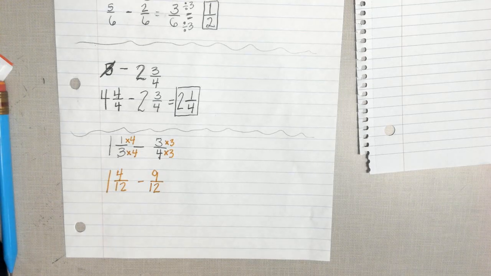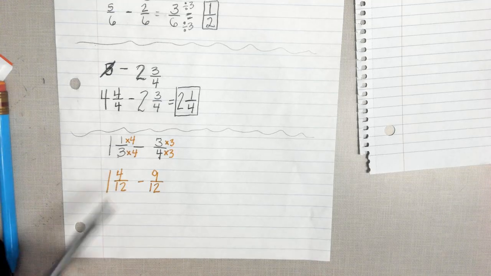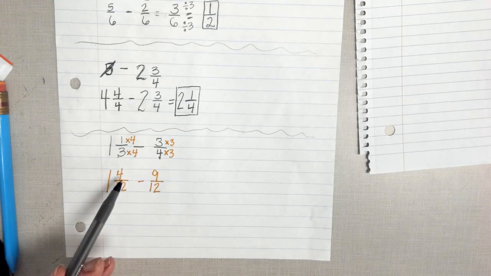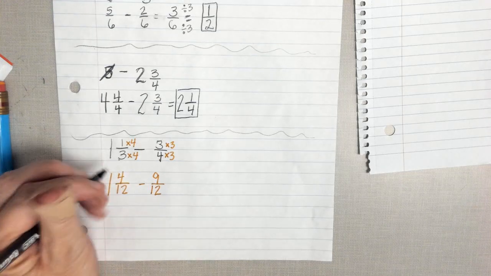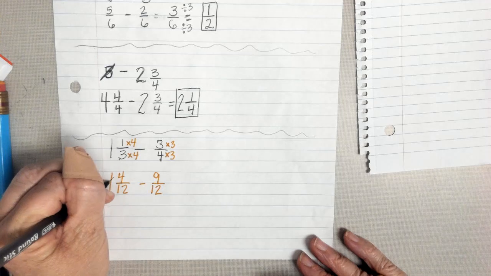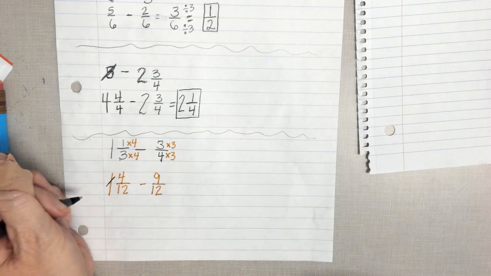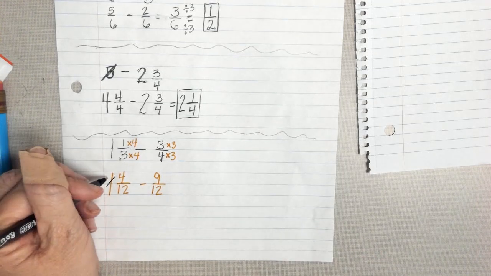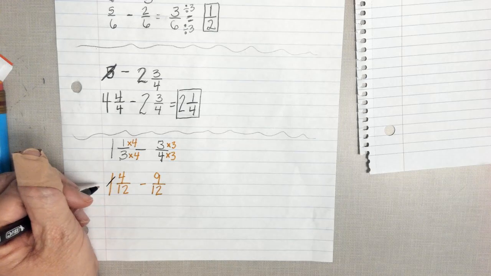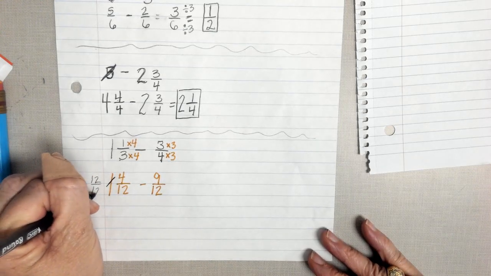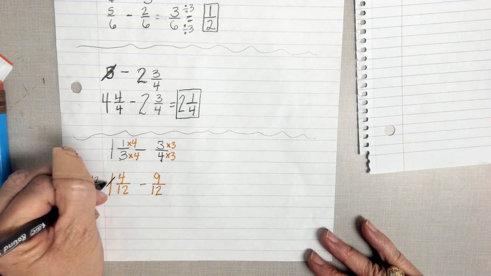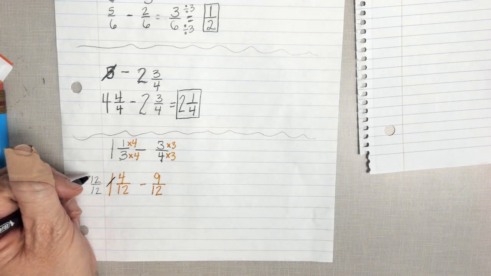So in my head, I'm thinking to myself, well, how in the world can I take 9 away when I only have 4? That's right, you can't do it. So what you have to do is you have to borrow from the number 1, the whole number. And if I were to rename the whole number 1, I would call it 12/12, because 12/12 is the same thing as the whole number 1.